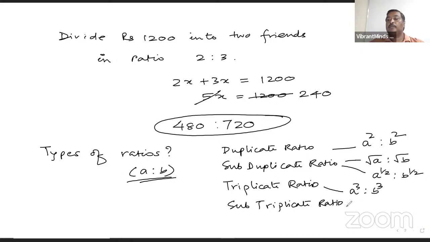Now, what is a sub-triplicate ratio? Sub-triplicate ratio is A to the power 1/3 is to B to the power 1/3. Or this can again be written as cube root of A is to cube root of B. Did I get my point?